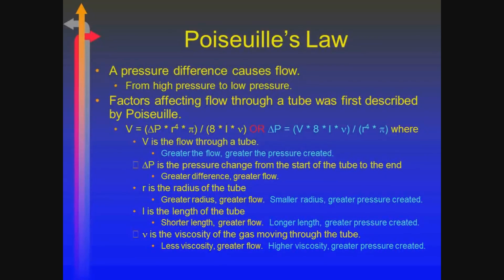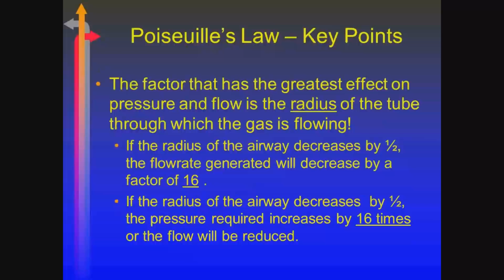We normally look at the second formula more so as far as what kind of pressure drop is required, and where radius is in the denominator in this case, that's the significant component. As I reduce the airway by half, the flow required to maintain a constant pressure has to go up by 16.